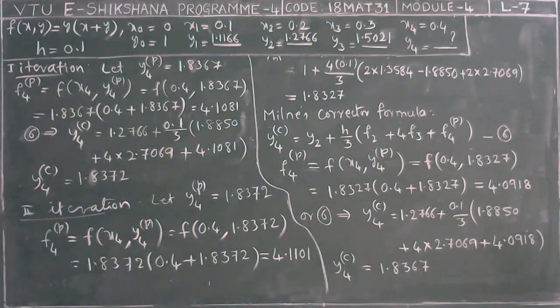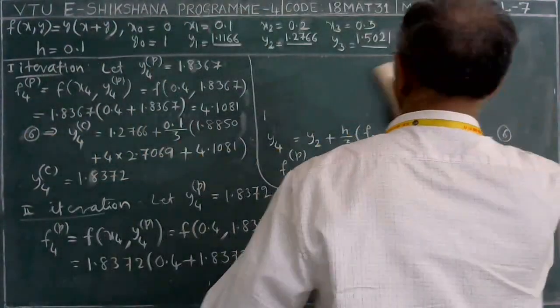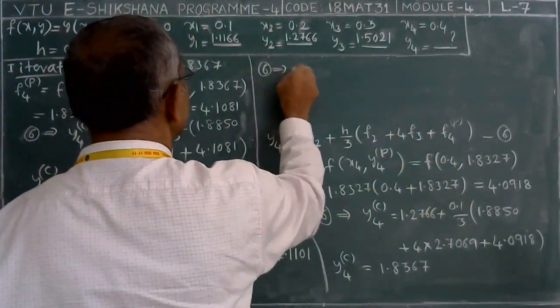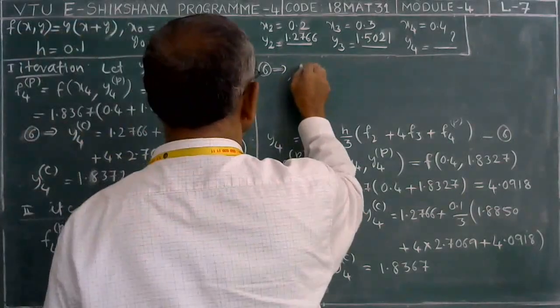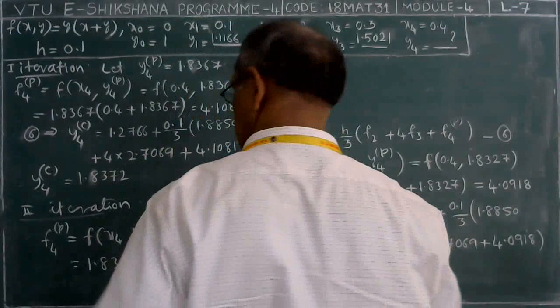4.110. Okay. So equation number 6 implies, substituting in 6, y4c is equal to everything same.